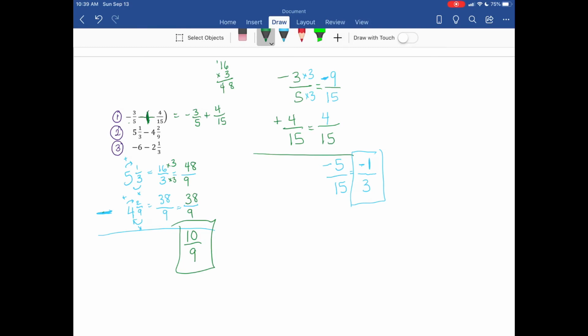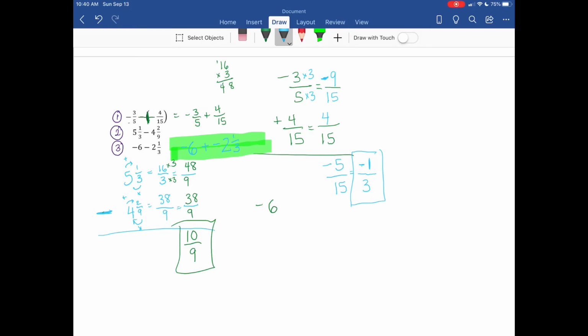And the last one. Oh, that last one is a little bit of a twist. We have -6 minus 2 1/3. So here I am subtracting 2 1/3. And there are some books that tell us, and it's true, I can write that as -6 plus -2 1/3.